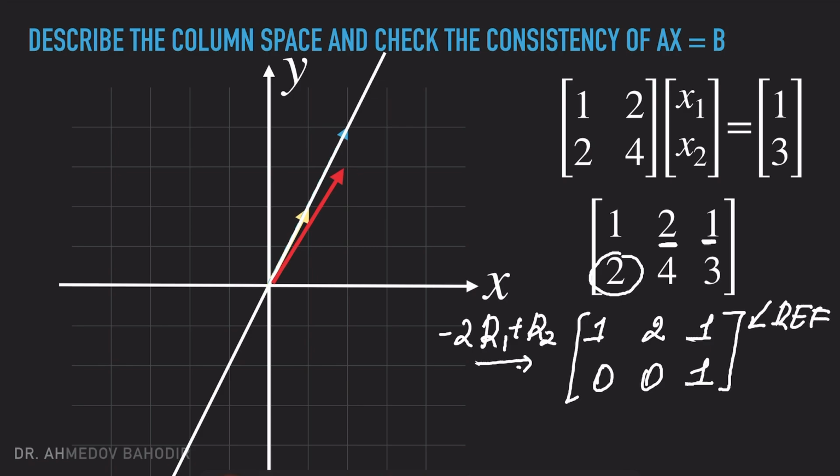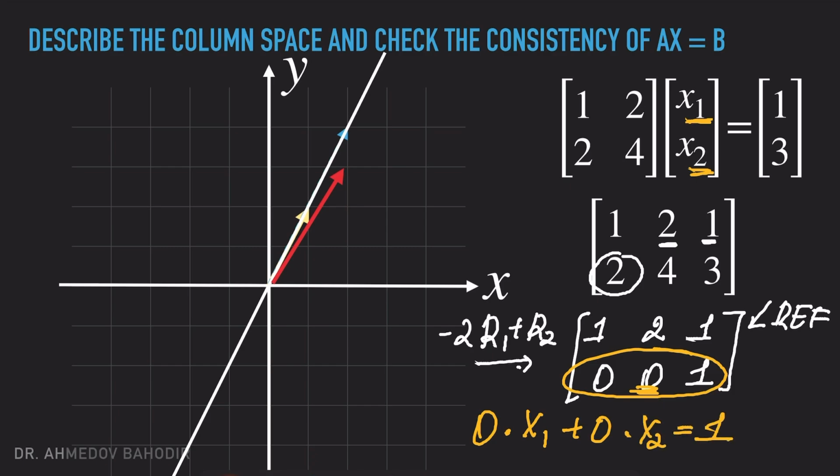Okay, and this reduced row echelon form, or the row echelon form, tells us that, hey, the system doesn't have a solution, because if you look at the second equation, it corresponds to the following: 0 times x1 plus 0 times x2 is equal to 1. Could you please tell me x1 and x2 which would satisfy this equation?